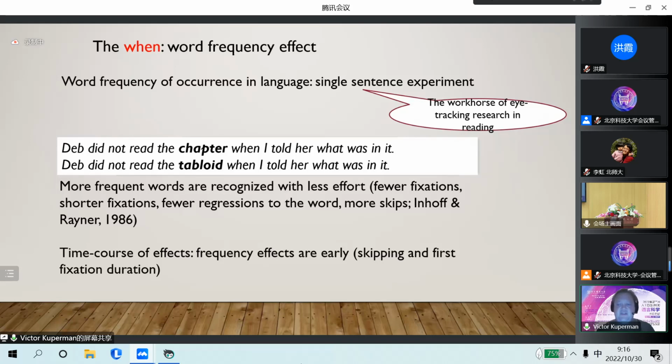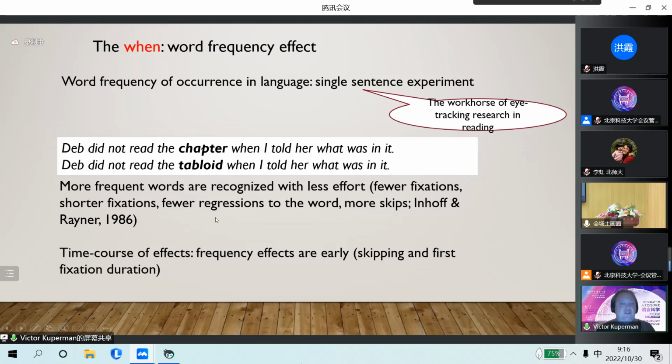Then participants read these sentences, and we can measure the eye movement to the words chapter versus tabloid. And indeed, it's easy to find that more frequent words like chapter are recognized with less effort. So fewer fixations, shorter fixations, fewer regressions to the word, more skips, than less frequent words like tabloid.